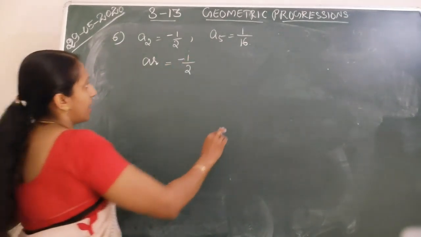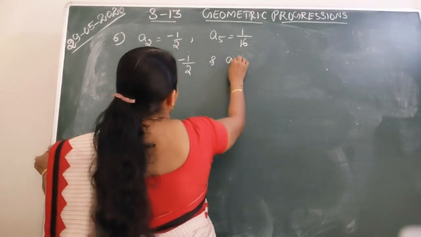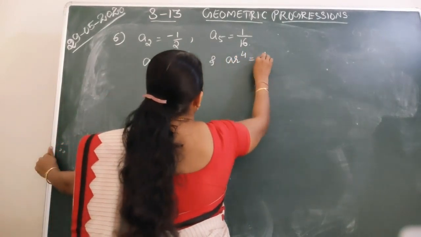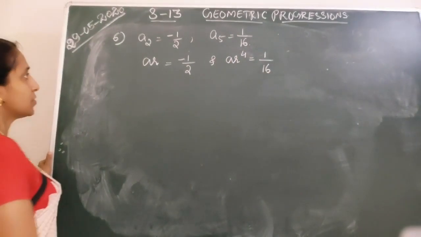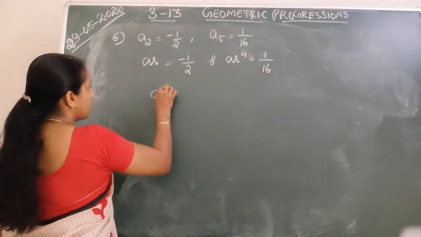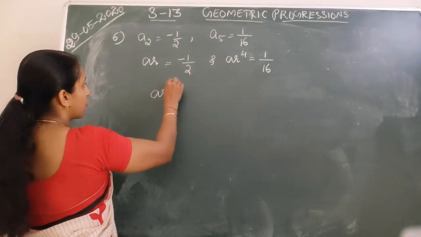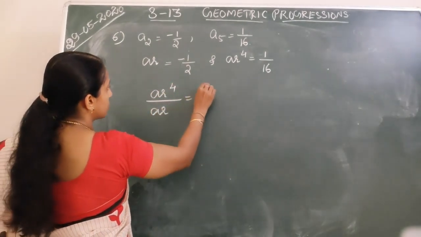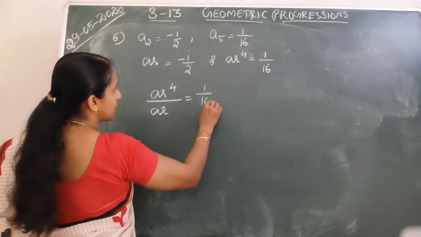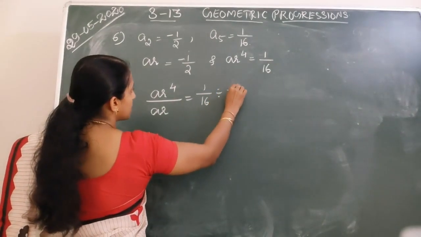And AR to the power 4 is equal to 1 by 16. To cancel A, you will write AR4 upon AR is equal to 1 by 16 divided by minus 1 by 2.